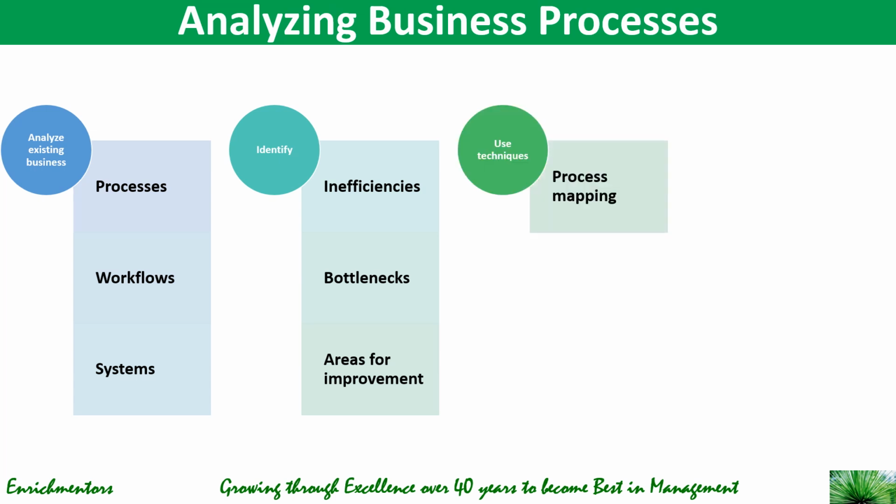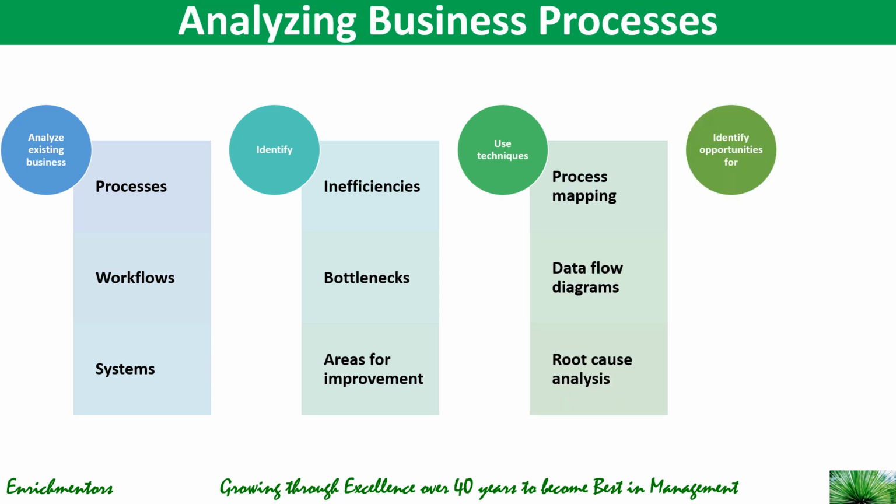We use techniques such as process mapping, data flow diagrams, and root cause analysis to identify opportunities for optimization and automation. That is what is involved in analyzing business processes, and we will have a section devoted to it as we go forward.